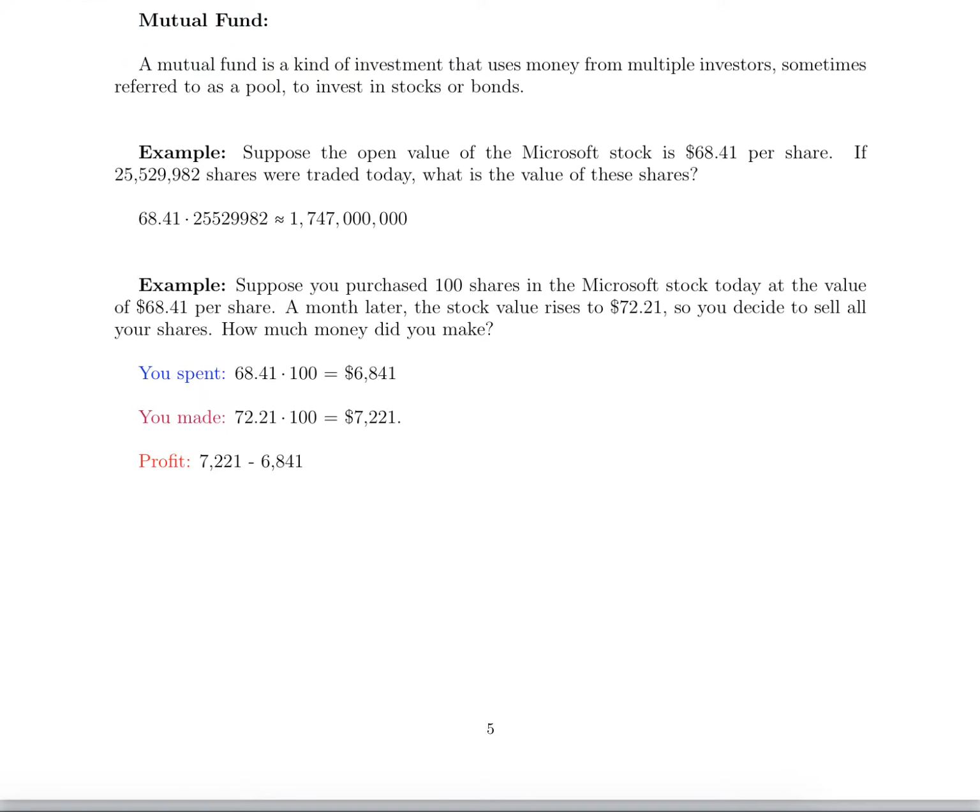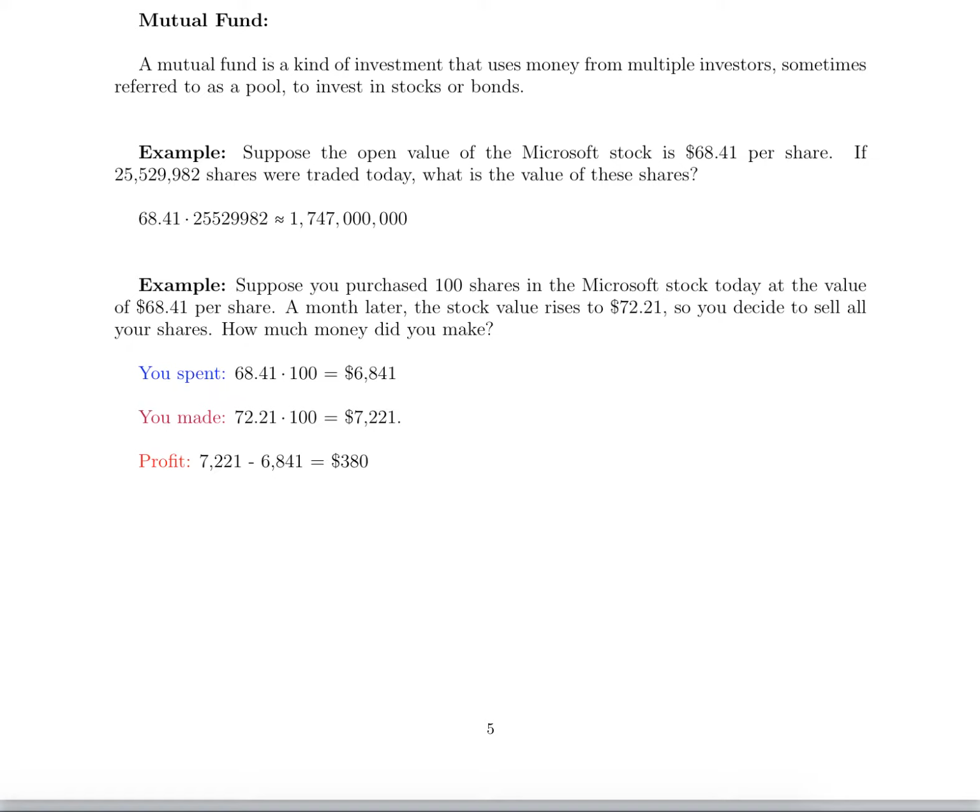We're going to do 7,221 minus 6,841. You should get $380. So we made $380. And that is how you calculate the stock gain. And then if it were a loss, you would do it the same way. You would just get a negative number. Okay? All right.